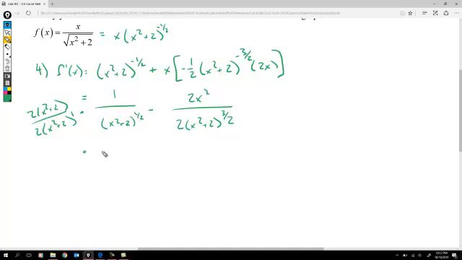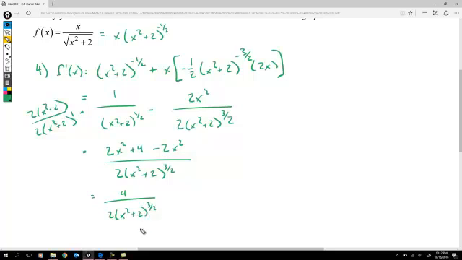That's why I picked that. So I end up with 2x squared plus 4 minus 2x squared over 2 times x squared plus 2 to the 3/2 power. Those will cancel, so I end up with 4 over 2 times x squared plus 2 to the 3/2 power.